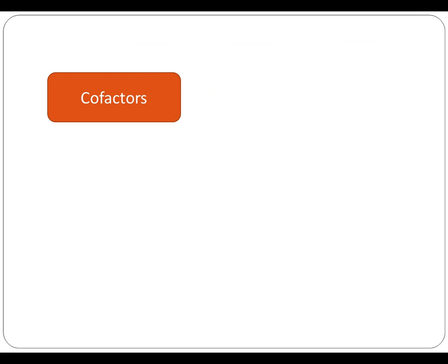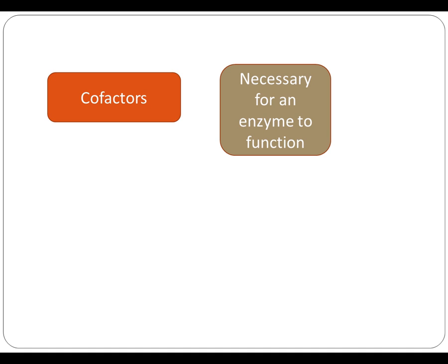In addition, some enzymes need cofactors, and that name is kind of descriptive. Cofactors are factors that help out, actually necessary for the enzyme to do its work. Cofactors are molecules that a particular enzyme might need to do its work.